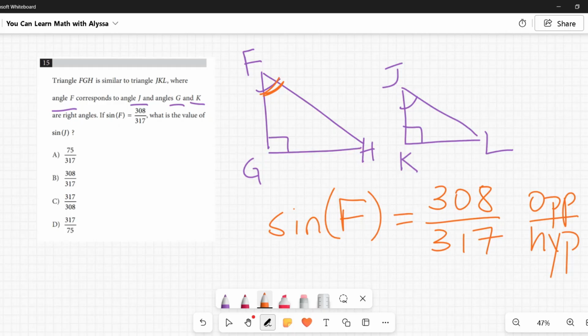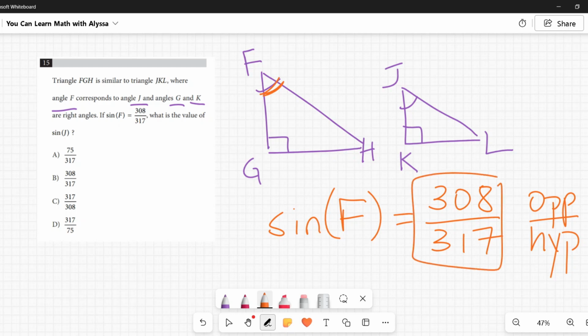No, it doesn't. It means that's the proportion. That's the ratio. It could be twice as big. It could be 616 and 634, 2 times 308, 2 times 317. The length of these sides does not matter.